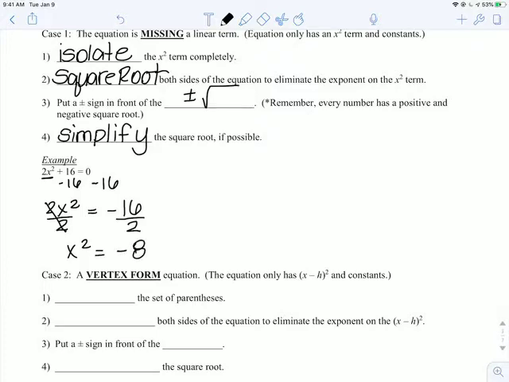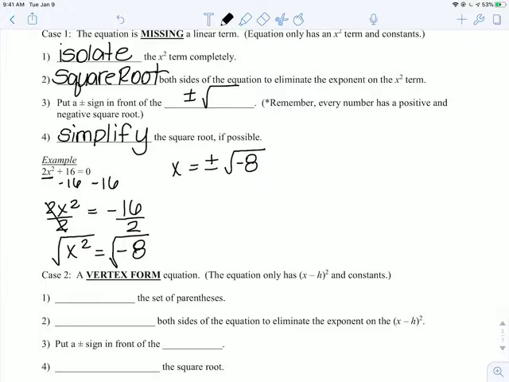Now the opposite of squaring something is to square root it. So I'm going to square root both sides. And remember, when you do that, you need to put a plus or minus in front of that square root. So the square root of x squared becomes x, and now I'm going to have plus or minus the square root of -8. If you'll recall, you can't take the square root of a negative number.